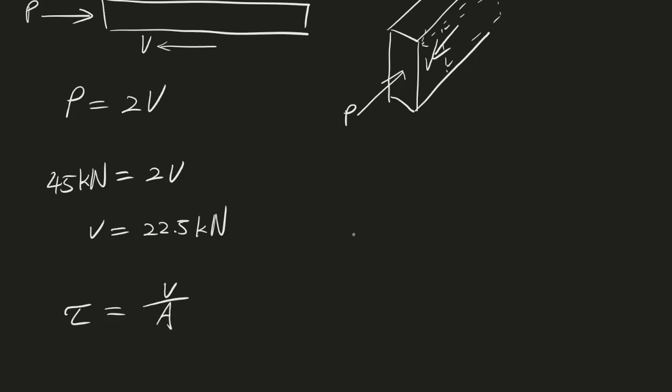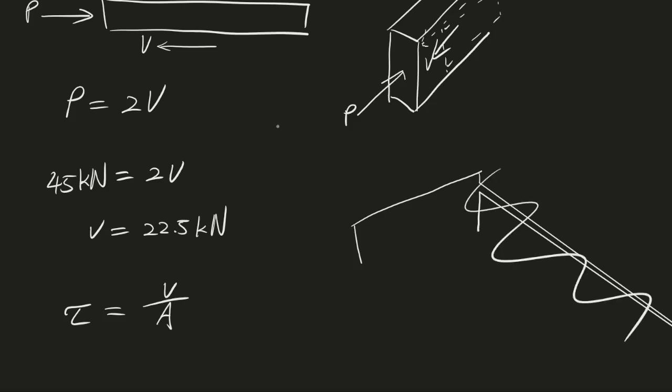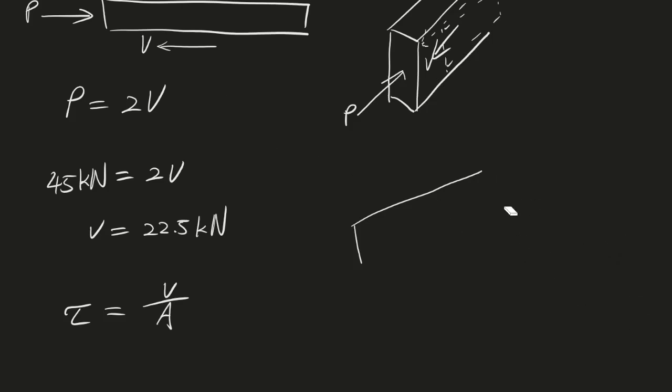What's the area then? The area is the surface area of the rubber pad that contacts the metal plate.